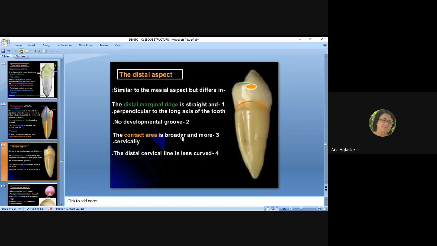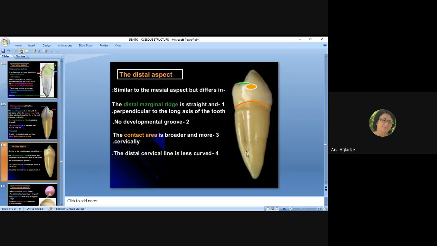And now here, this is the distal aspect. This is similar to the mesial aspect, but differs in the distal marginal ridge. The distal marginal ridge is straight and perpendicular to the long axis.